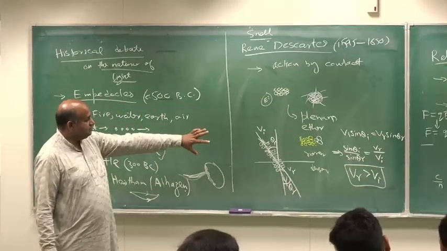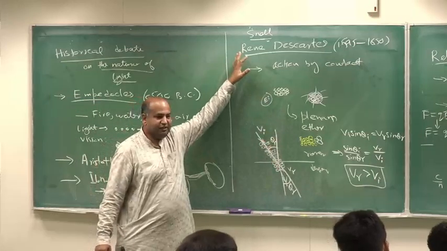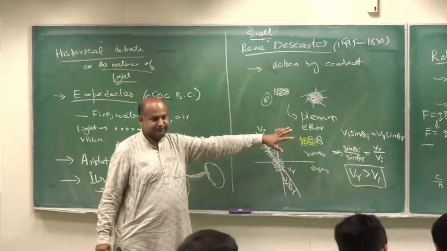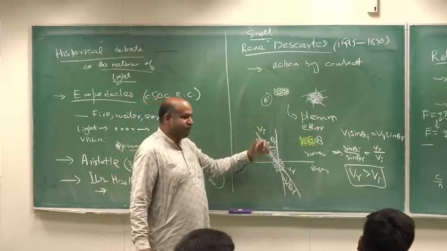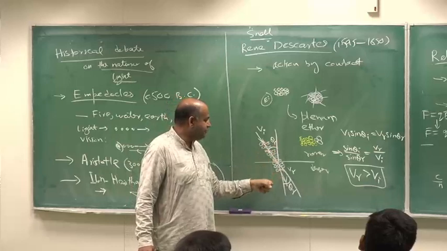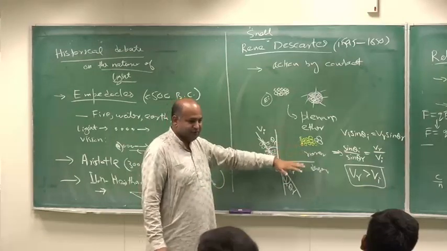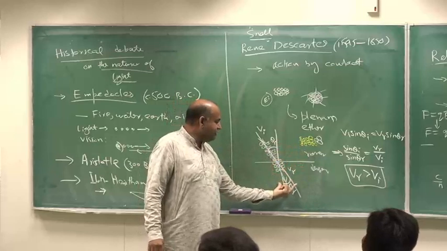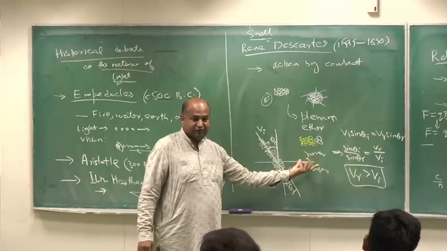So this was the first testable prediction of the particle theory of light. That if you want to test whether light is particle or wave, just check the speed of light in two mediums. I haven't said anything about wave, but let's just say about the particle. If the velocity is greater in denser medium and smaller in rarer medium, the theory kind of is right.